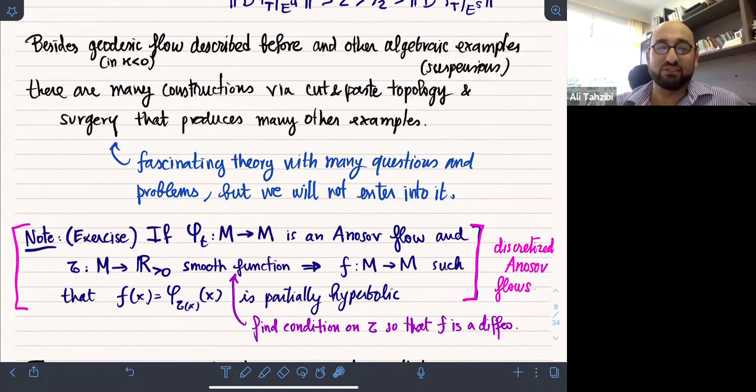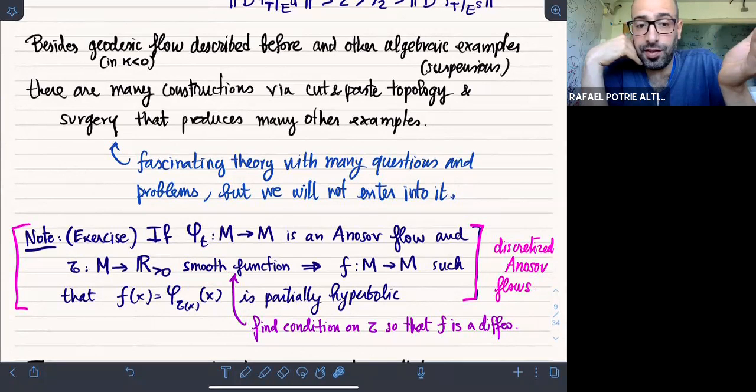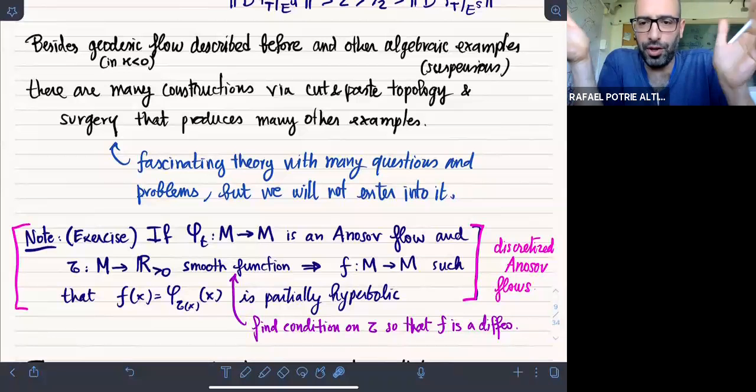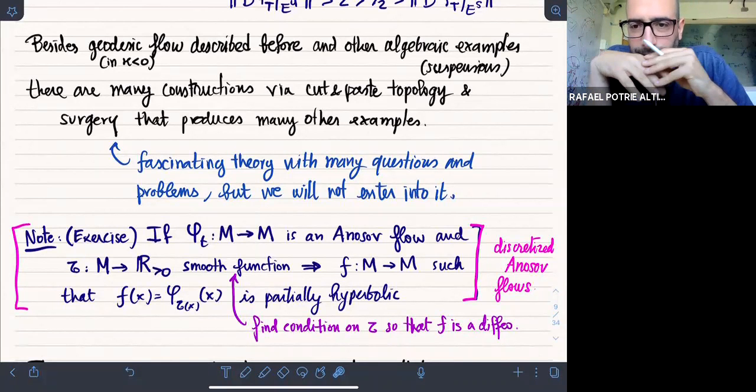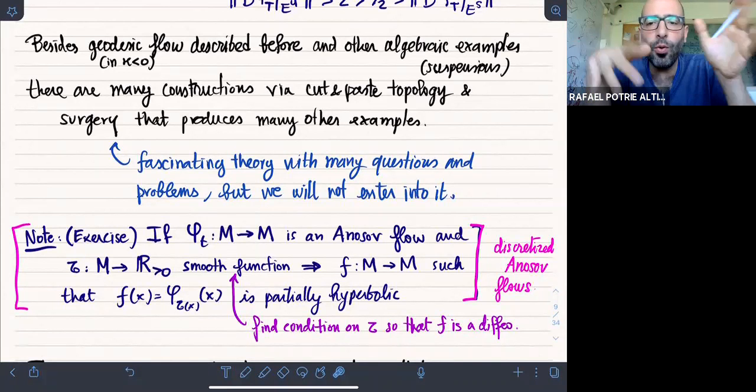If you have some continuous function and you know that f is a diffeomorphism, then if it is not constant, is it partially hyperbolic or not? If it's positive, continuous, and f is a diffeomorphism, then it's also partially hyperbolic. Exactly, the same proof will work. But I don't want to enter into that.